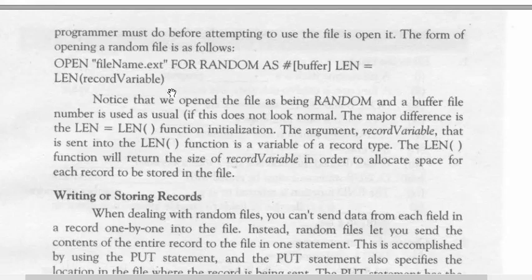Notice that we open the file as random and a buffer file number is used as usual. If this does not look normal, the major difference is the LEN = LEN function initialization. The argument record variable that is sent into the LEN function is a variable of record type. The LEN function will return the size of the record variable in order to allocate space for each record to be stored in the file.